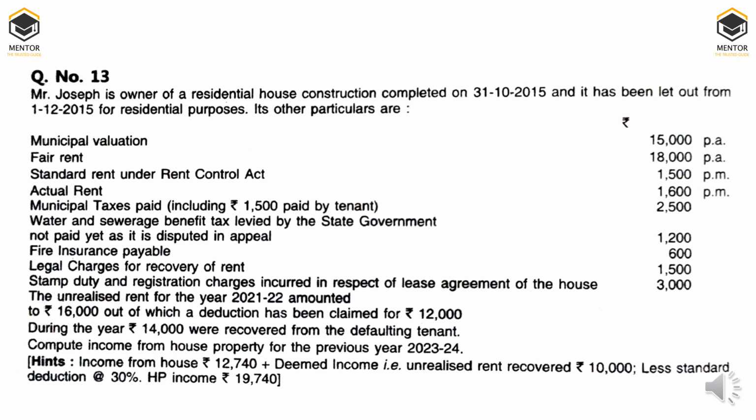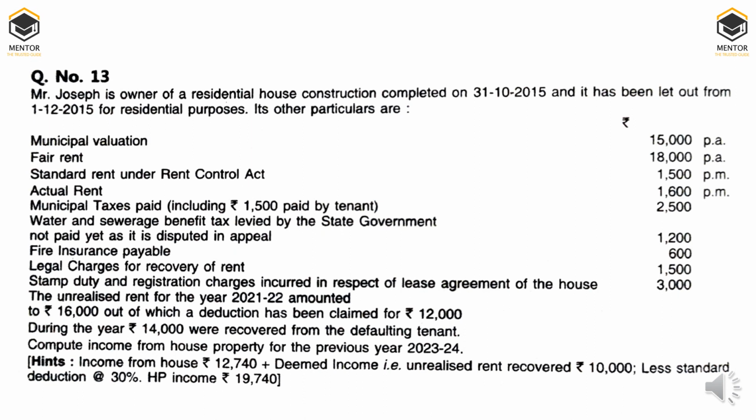So out of 16,000, the assessing officer gave deduction for only 12,000. During the year, 14,000 was recovered from the defaulting tenant. In this current year we have received the past unrealized rent. This should be considered separately while calculating total income of the assessee, but it won't affect the calculation of income from house property.